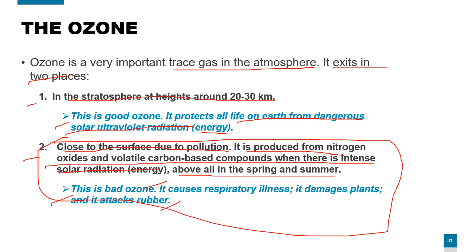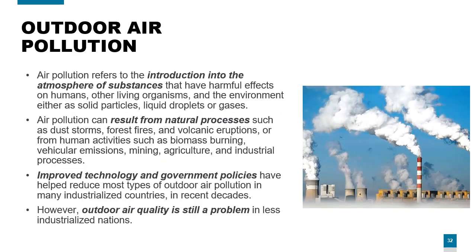Wherein, kapag nag-accumulate yung mga nitrogen oxides or yung volatile carbon-based compounds, ito yung mga maaring maging factors kung bakit masira yung ating ozone layer. Okay, so we have here the outdoor air pollution. So air pollution refers to the introduction into the atmosphere of the substances that are harmful effects of humans and other living organisms and the environment, either solid particles, liquid droplets, or gases.